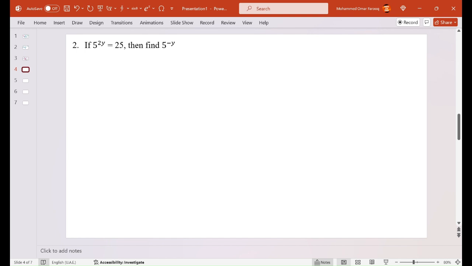Okay, so whatever laws of exponents we have studied till now, we are going to use them and solve the given problems. So my dear students, what is given?